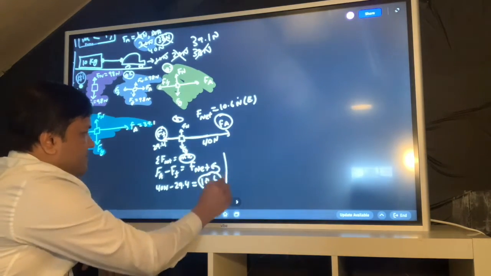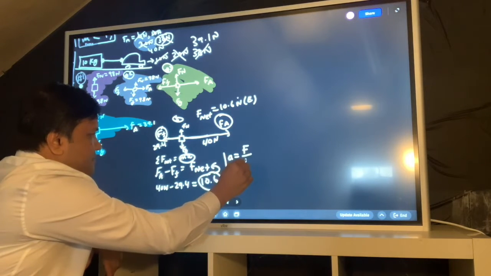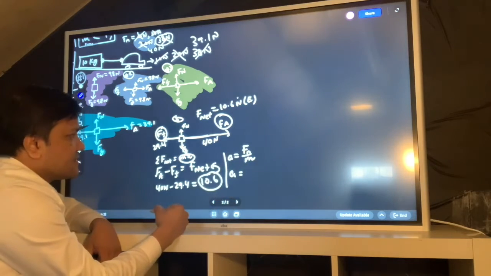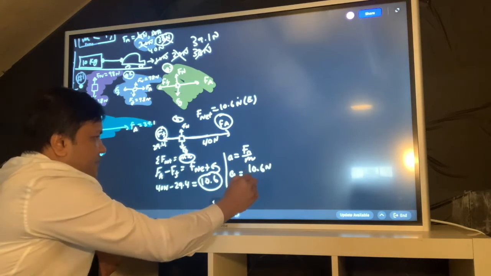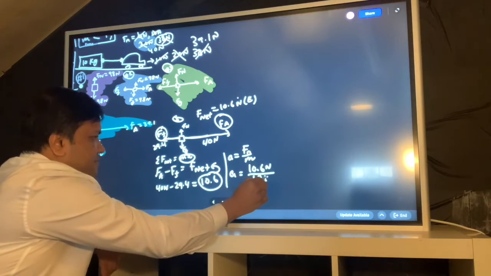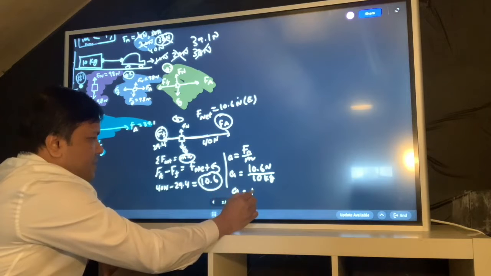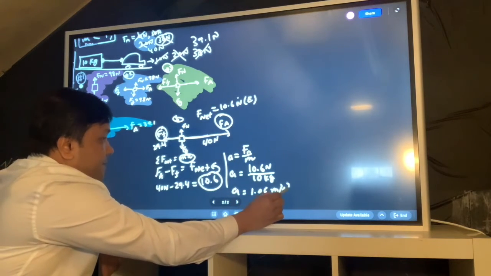Acceleration again, Newton's second law. F net is 10.6 Newton and mass is 10 kilogram. So acceleration is 1.06 meter per second squared.